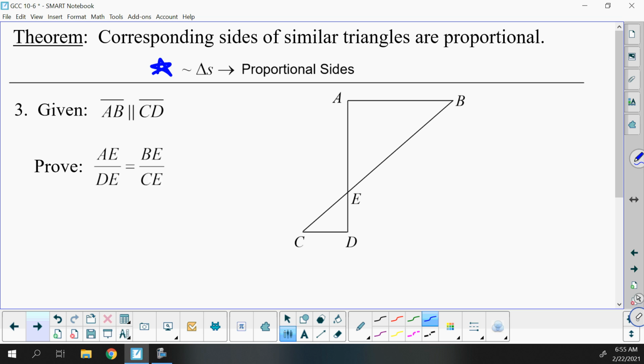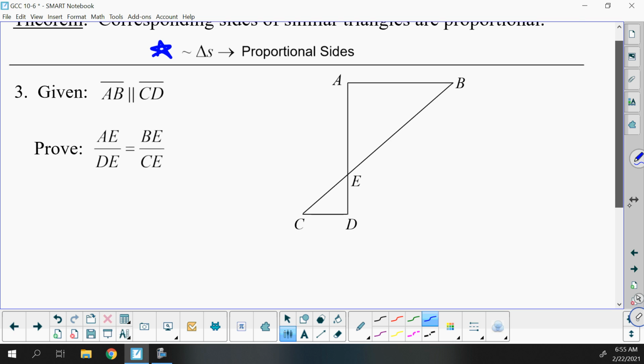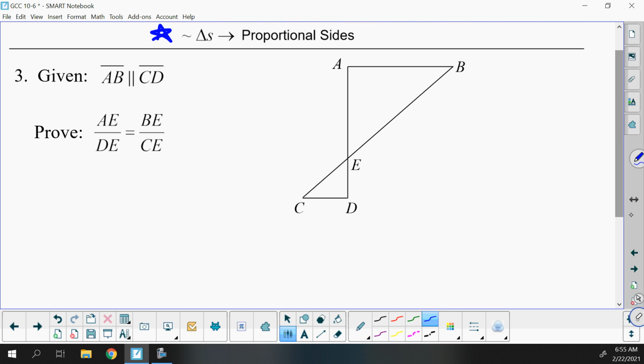And notice in number 3, our prove is we want sides to be proportional. So when you see something like that as your proof, it needs to click in your head, oh, this is just a similar triangle proof, which I can get from angle. And then I'll go one extra step to say similar triangles imply proportional sides. So let's start out with our statements and reasons and do our one given.